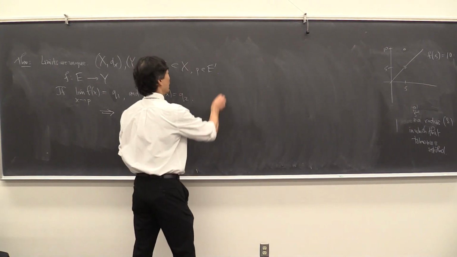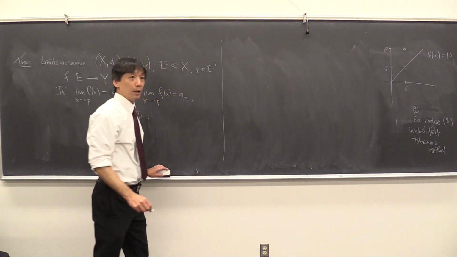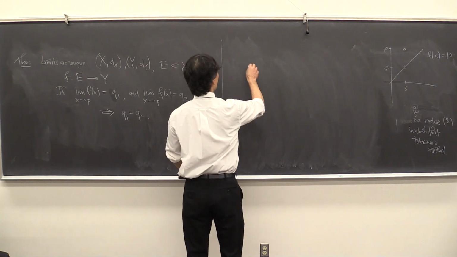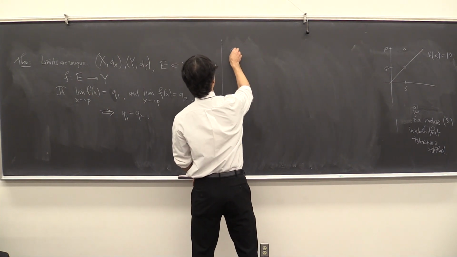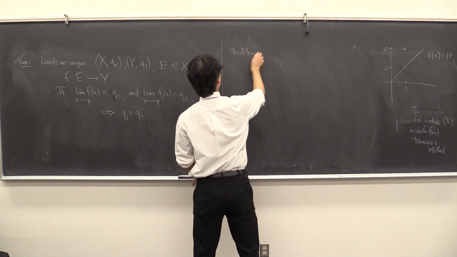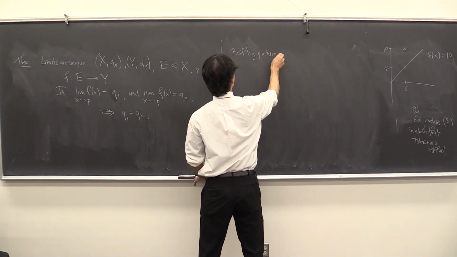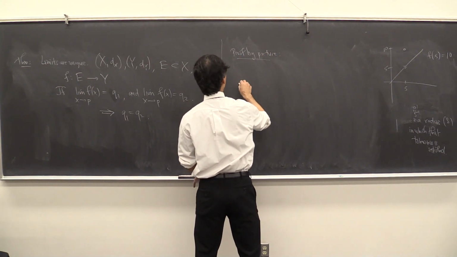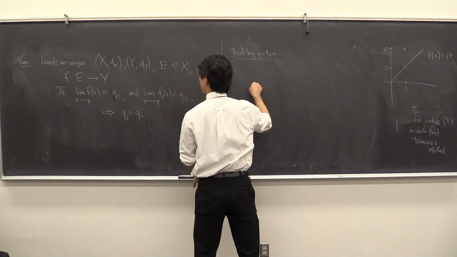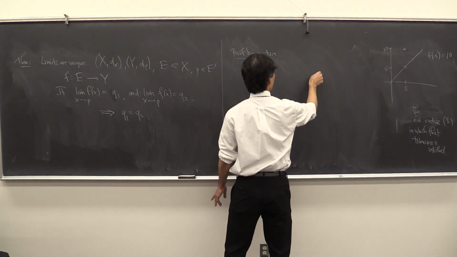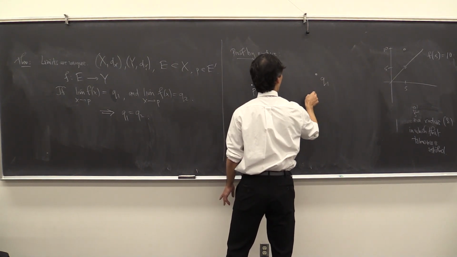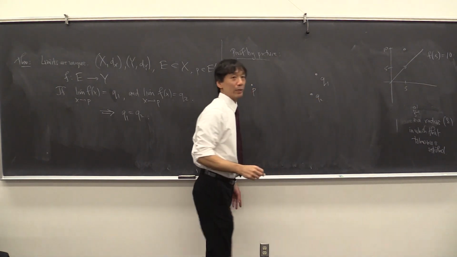Okay, so here's the picture. Here's the proof by picture. Here's your point P, and let's suppose that Q1 and Q2 are different points.